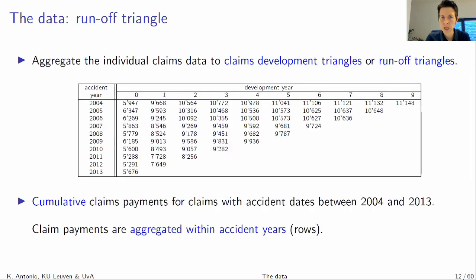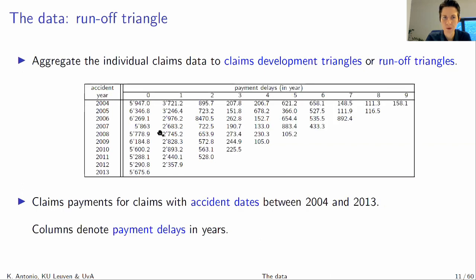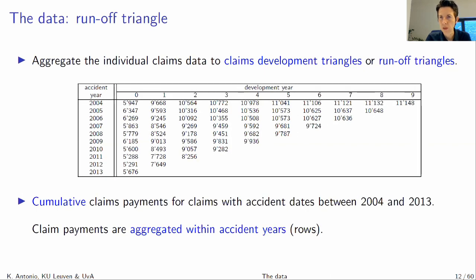Now, if I play a bit around with this display, you should see something happening. If I jump from the display that we just discussed to the new one, what I'm doing is aggregating now also in the horizontal direction. We call this triangle a cumulative view.